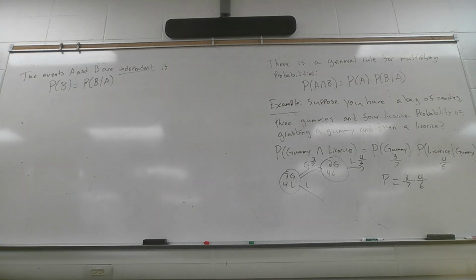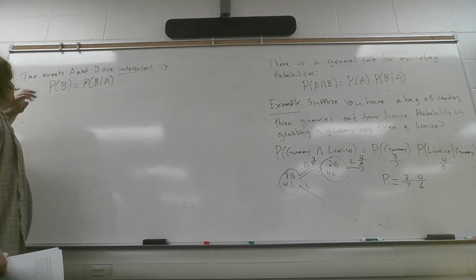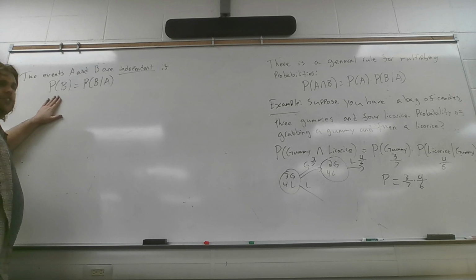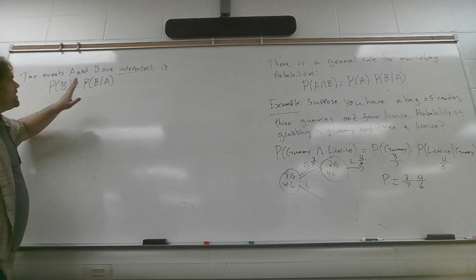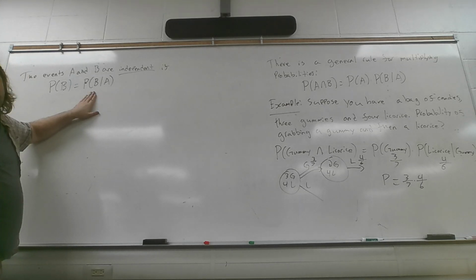And now this actually does match up with the intuitive definition of what it means to be independent, in the sense of, well, think about it. If these are the same thing, what this is saying is, if we want to find out the probability of just event B happening, that's the same thing as if A happened first and then B happened. Right? It doesn't matter that A happened, right?